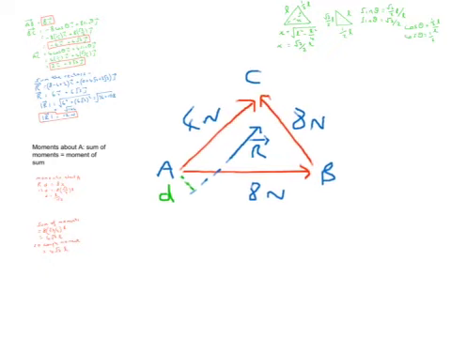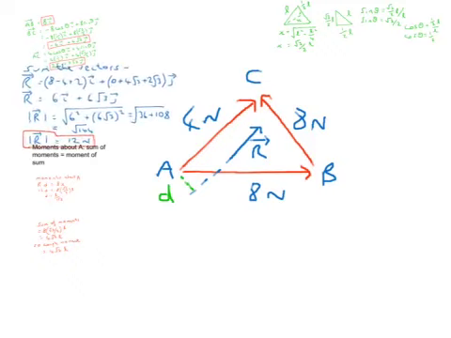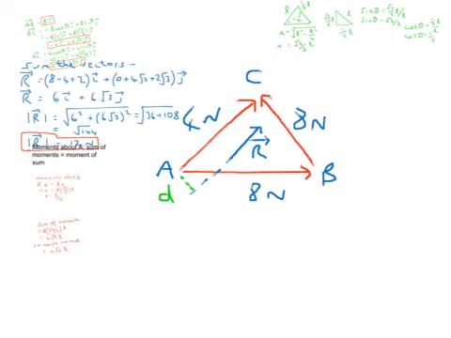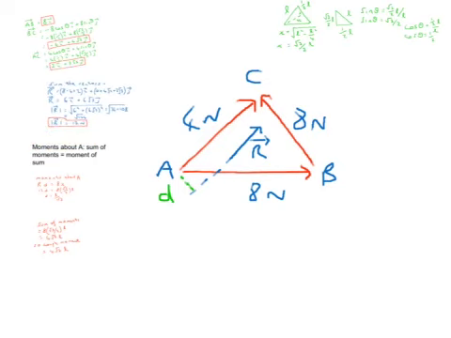Let's have a look at the geometry. That vector r then, given it's plus 6i plus 6 root 3 j, would be in the direction shown roughly here, pointing in this direction.